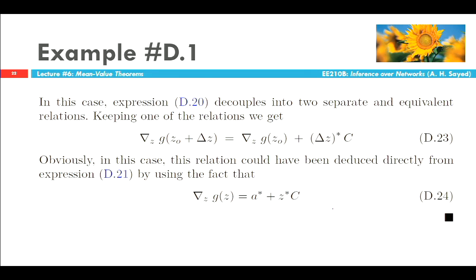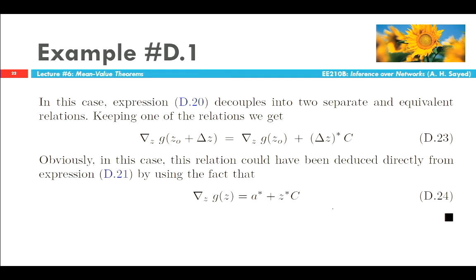Here it is. The gradient at this point is the gradient at z0 plus the step that you took times the Hessian matrix. Okay? And actually you don't need all these fancy arguments to arrive at this conclusion for the quadratic case. For the quadratic case, you know exactly what the gradient is. Evaluate it at any point z0, evaluate it at z0 plus delta z, subtract, you will get that.